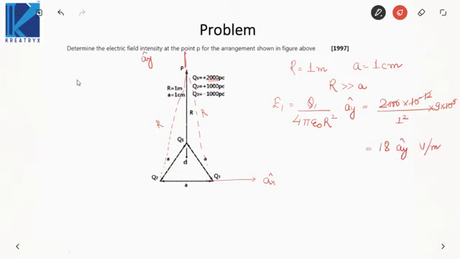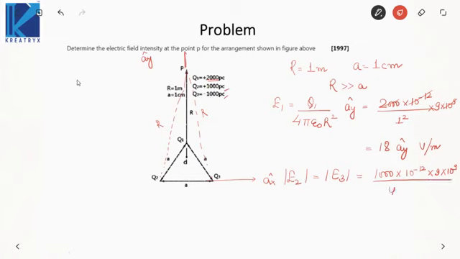Okay. Now what is the electric field due to Q2? Q2 and Q3 have the same magnitude of charge, but their polarities are opposite. So the magnitude of electric field will be the same: 1000 into 10 to the power minus 12, 9 into 10 to the power 9.